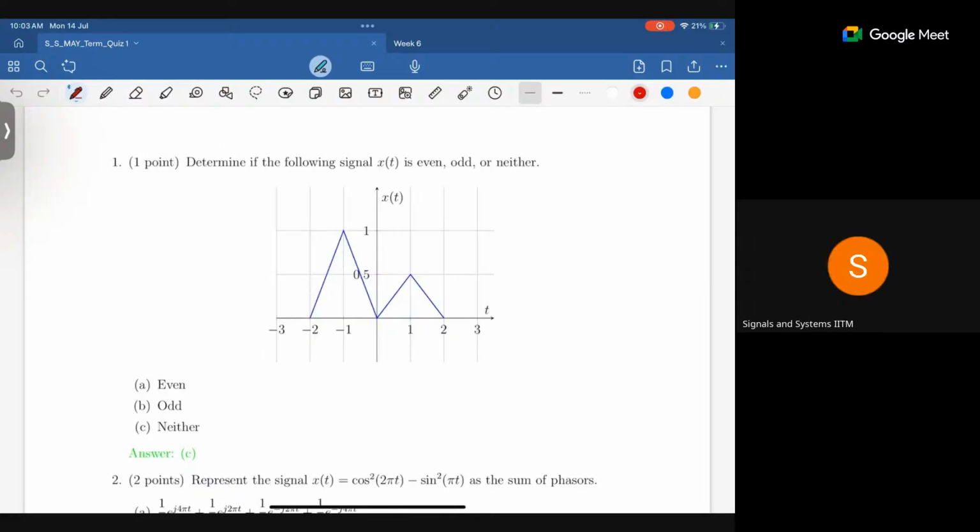Okay. Maybe I will create a poll. You can answer in the poll. I think the answer key is out, right? For quiz one, if you feel any of the answers is incorrect or there is any ambiguity in the questions, you can always get back to us.